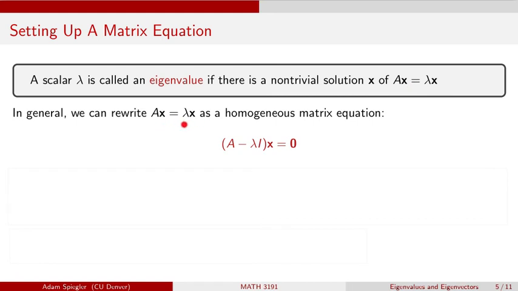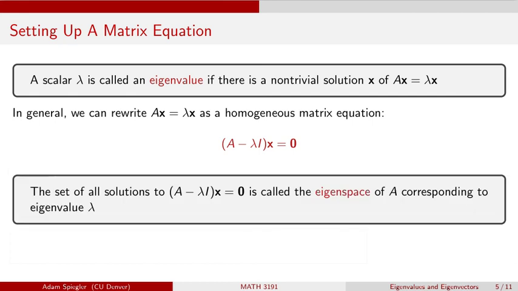We can rewrite this equation as a homogeneous matrix equation and then use techniques that we've already studied to solve those equations. That homogeneous matrix equation is A minus lambda times the identity matrix times this vector x equals the 0 vector. Provided this homogeneous matrix equation has a non-trivial solution, that tells us that lambda is an eigenvalue and the non-trivial solution is an eigenvector associated to that eigenvalue.